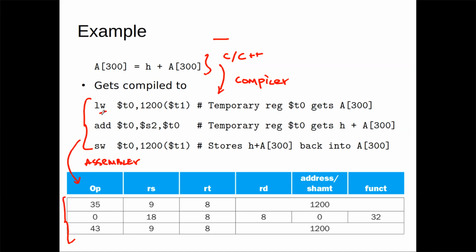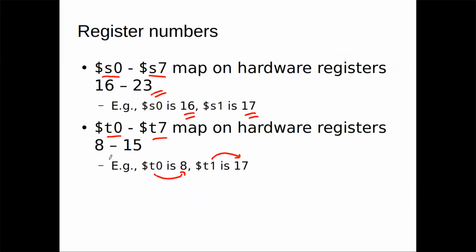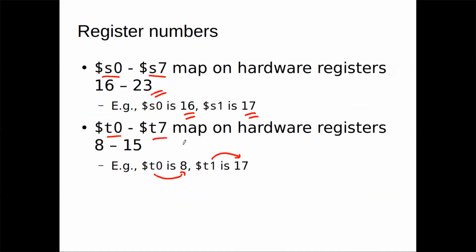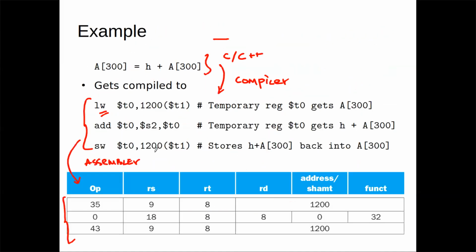For example, for this load, remember we had this table, load is 35. So this is what we specifically put in this op field: 35, RS, what is it, T0, hold on, yeah, it's T1.